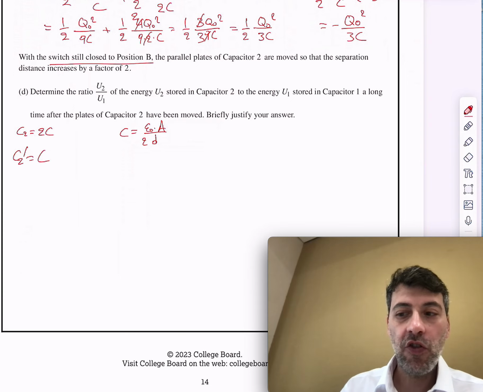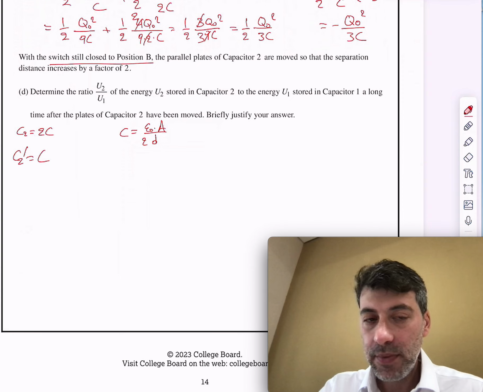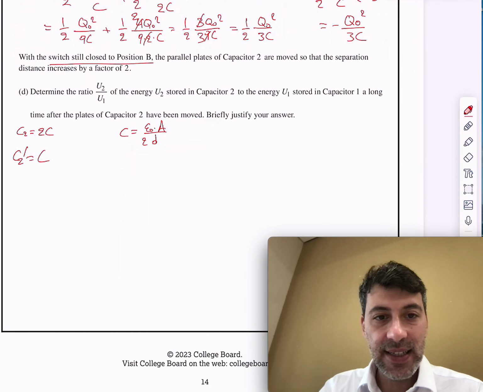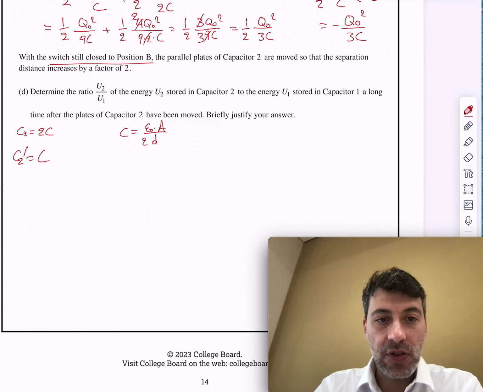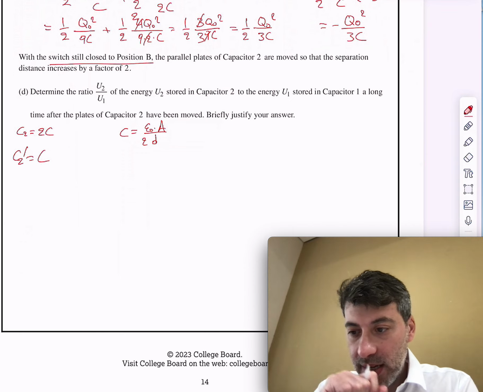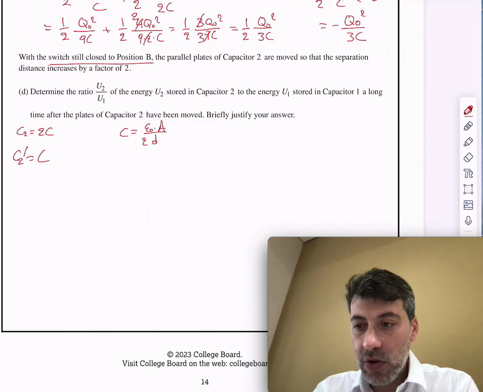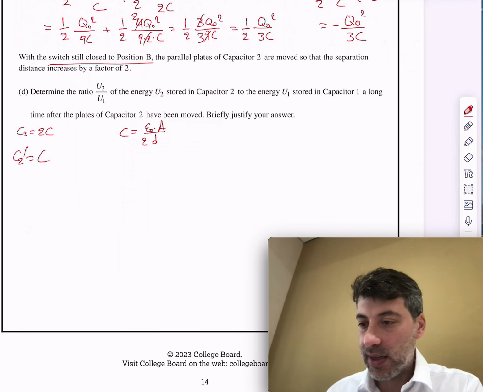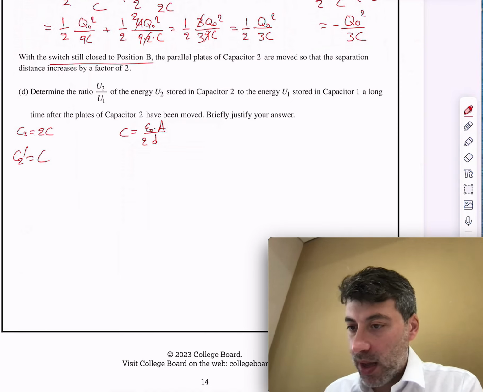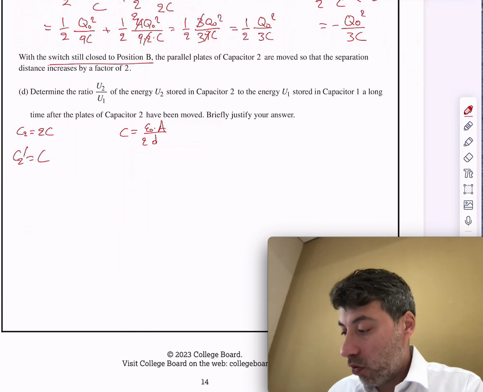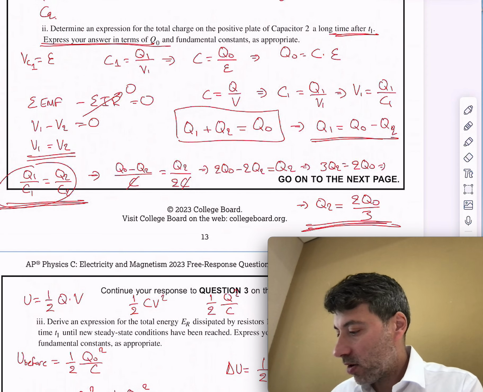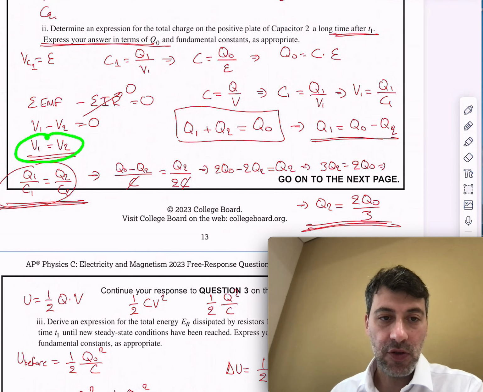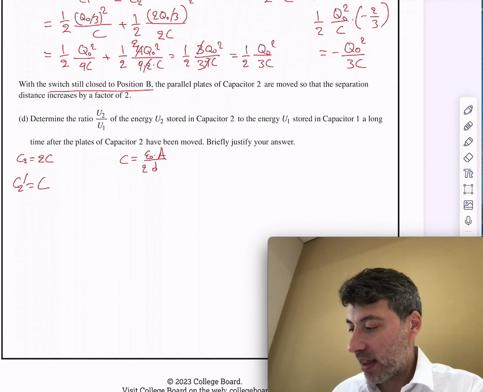And we need to find the ratio of potential energies. In order to find the ratio of potential energies, a long time after we moved the plates, we need to figure out what is happening to the voltage. We know from the previous part, we had proved that the voltage of the first capacitor and the voltage of the second capacitor are equal, since they're still connected.